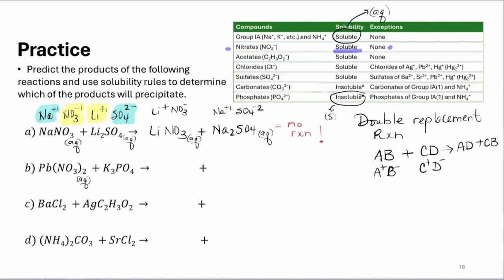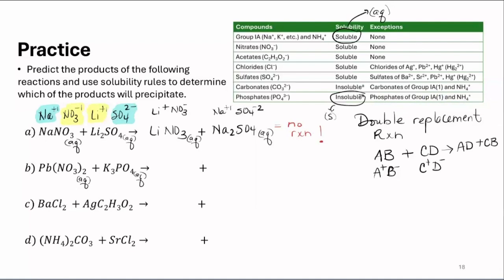They're always soluble. Next, potassium phosphate, even though phosphates are mostly insoluble, because the phosphate is actually paired with somebody from 1A, that makes the phosphate soluble. So potassium phosphate is also an aqueous solution.